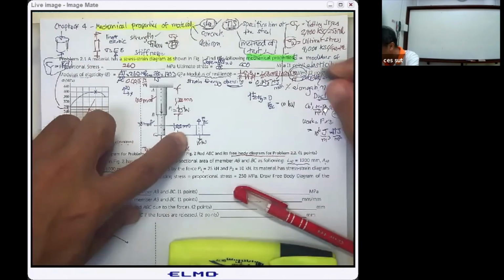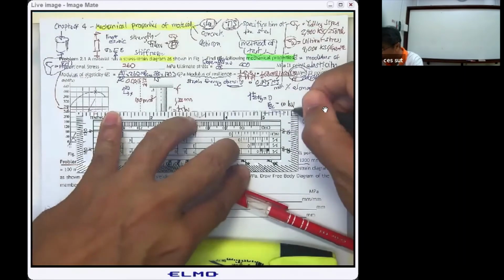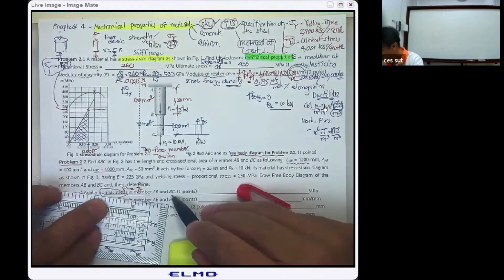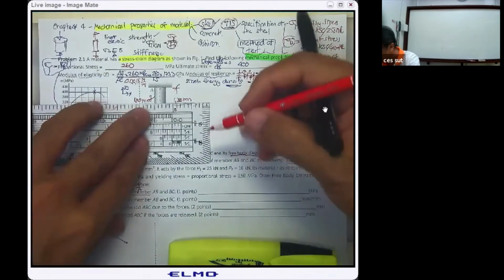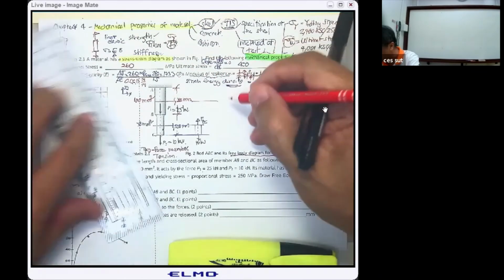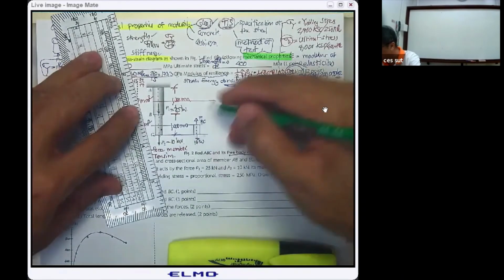So now, when you use this 10 kilonewton, you can determine the stress for the member BC. And then further, you cut this structural member and draw the free body diagram of this portion.